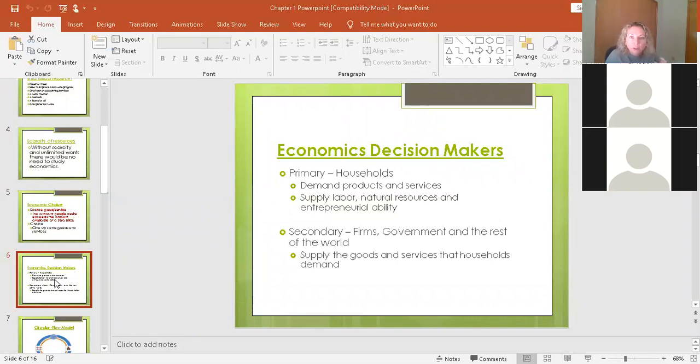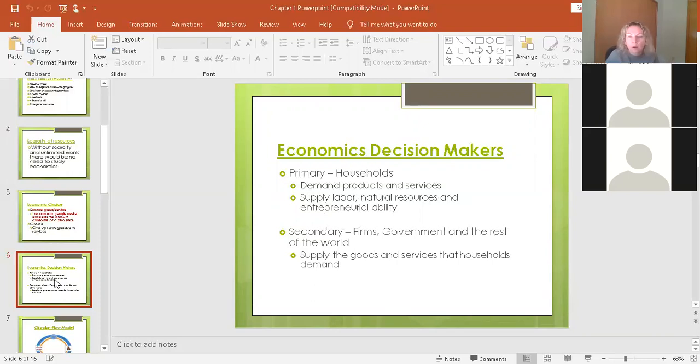And then we have sort of this secondary tier of economic decision makers who are trying to meet the needs, well, theoretically, they don't always do a good job, but are trying to meet the needs of households. So that's going to be firms, companies producing the goods for us. That's going to be the government, who is charged with supplying us goods and services as well, and the rest of the world.